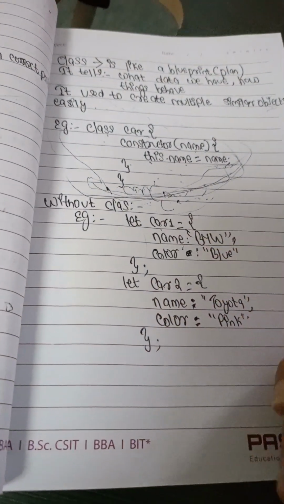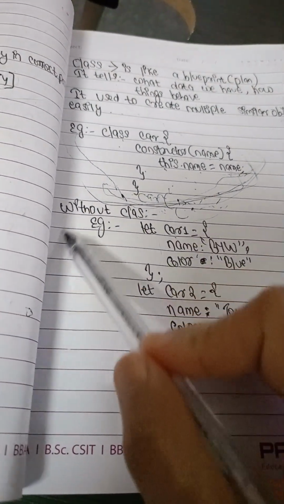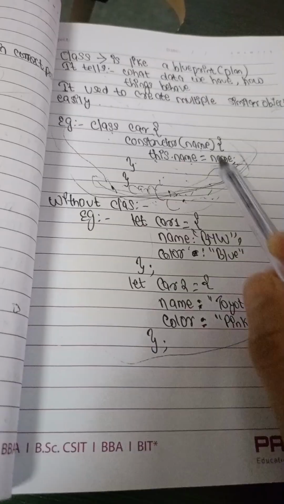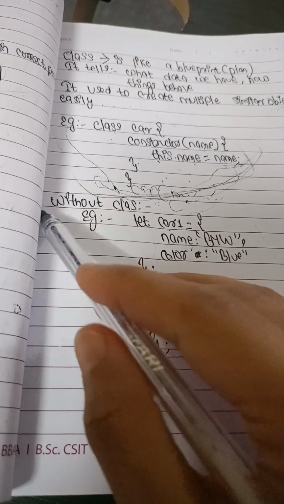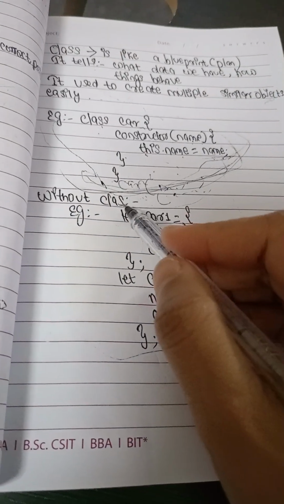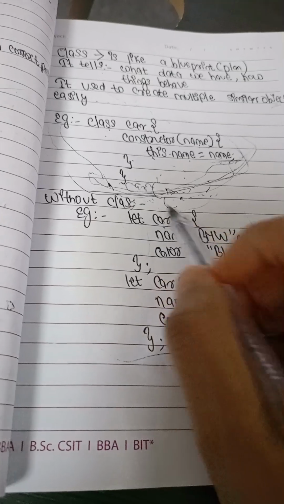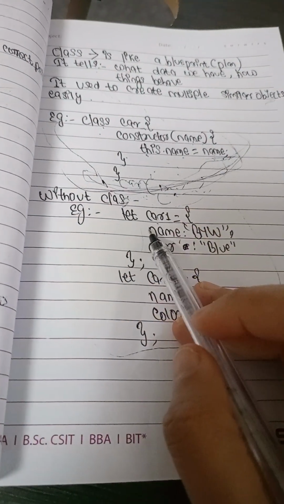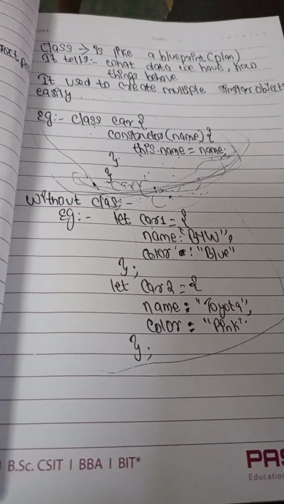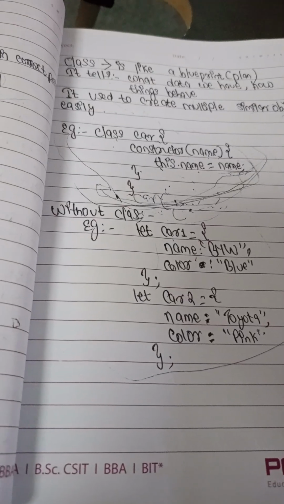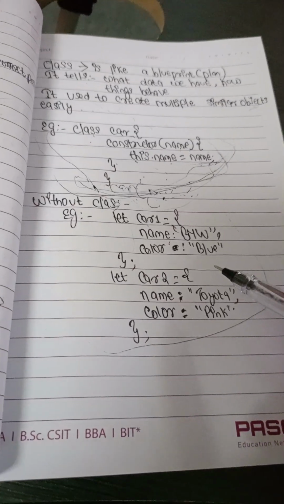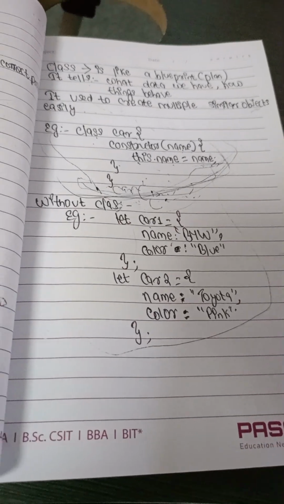Now we'll see how a class works, and what if we don't have a class, then how our program will run. As you can see, we have an example: let car = 1, name BMW, color blue.